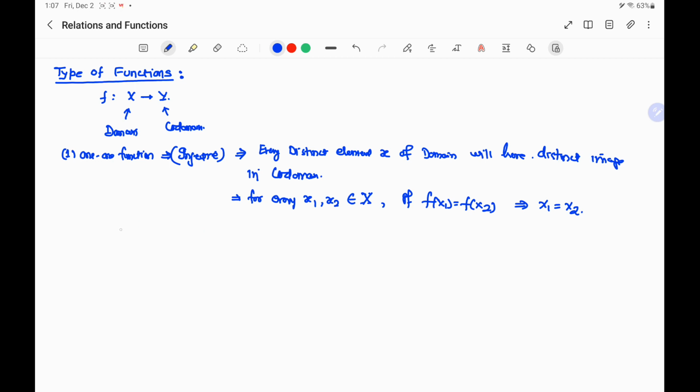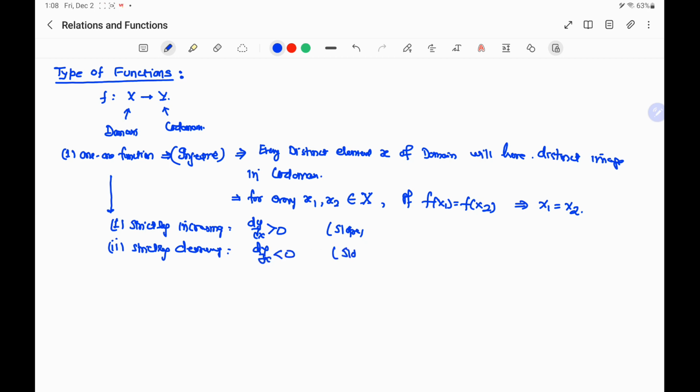If a function is 1-1, it is strictly increasing, that means dy by dx is greater than 0, slope is positive, or it is strictly decreasing, that is dy by dx is less than 0, that is slope is negative.